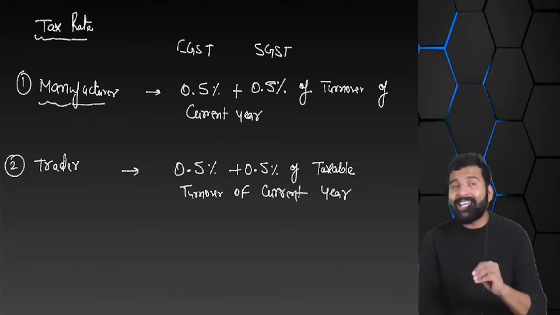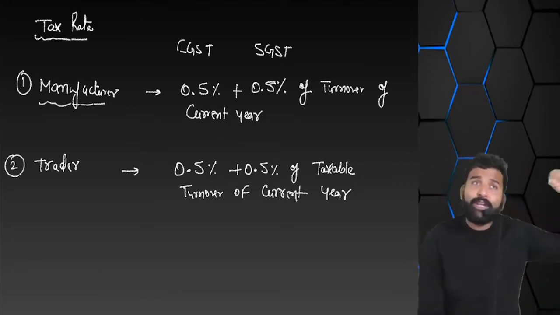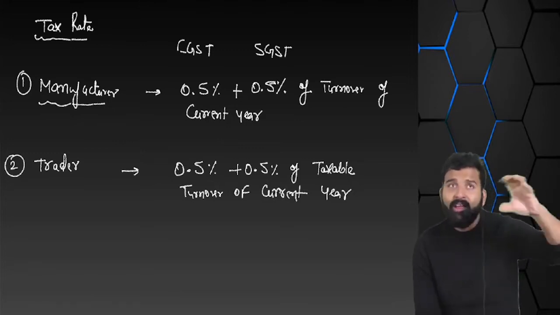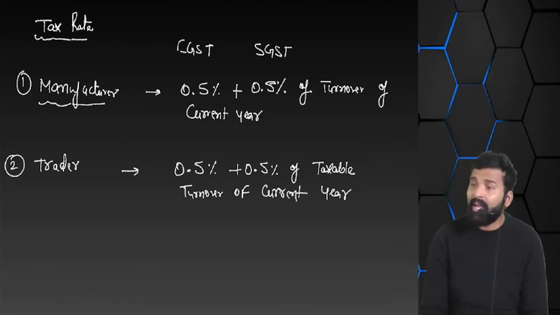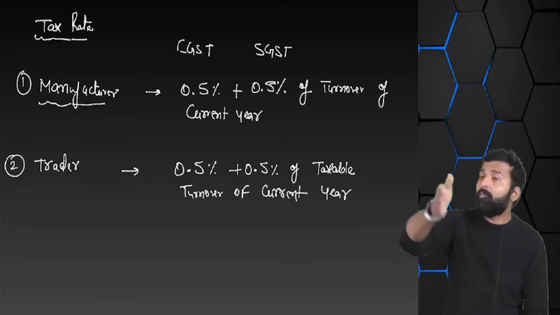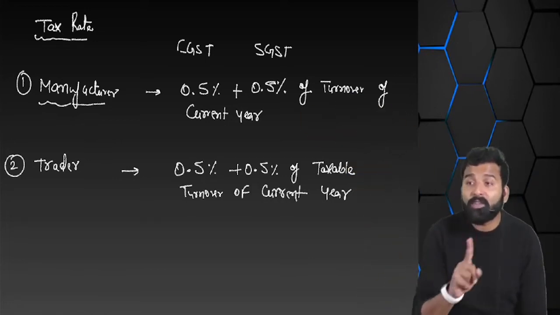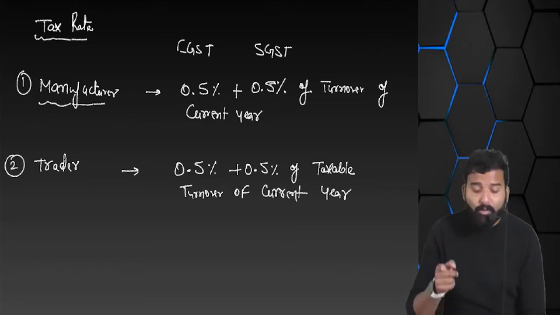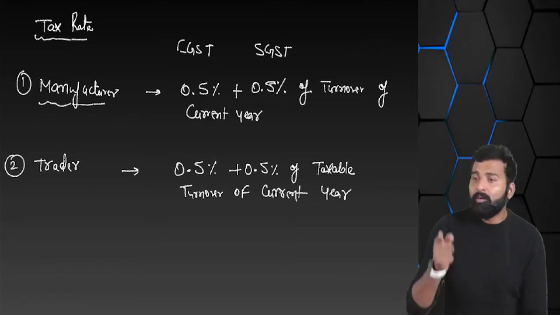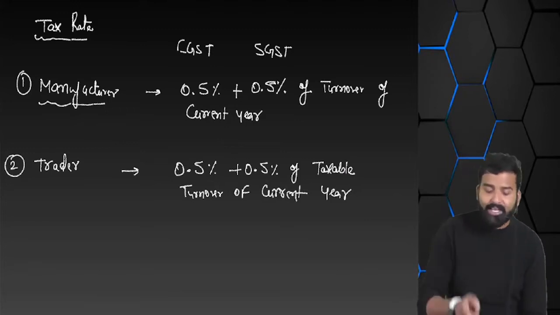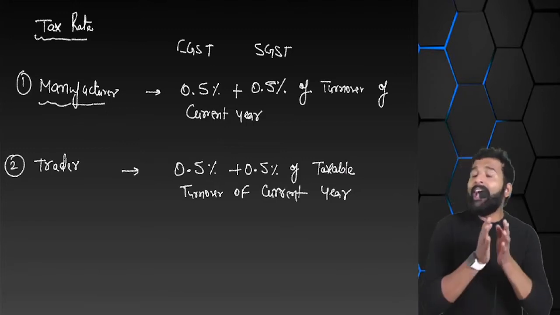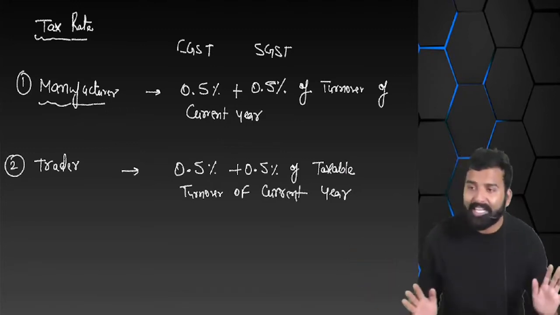So he says, sir, I have 50% turnover of taxable supply and 50% turnover of exempt supply, and the government is asking me to pay 1% of the total turnover. No, I am not going to pay 1% of the total turnover. A trader will not avail this scheme, because as a grocery trader, a medical store, a departmental store, I am supplying a lot of exempt items also.